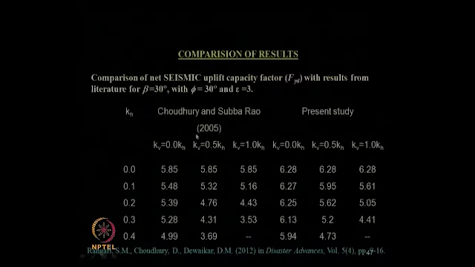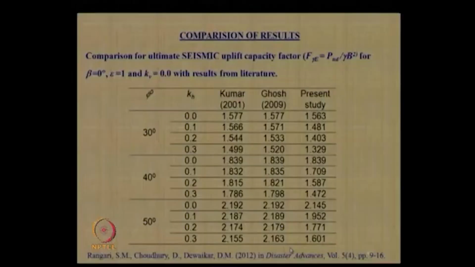There is only a little research available, like Chaudhary and Subbarao's result 2005 for inclined anchors, that has been compared here with the present study results, and the results of Kumar and Ghosh with the present study for the case of a horizontal anchor, where beta equals 0 degrees means the anchor is horizontal.